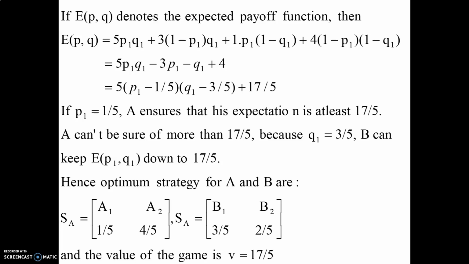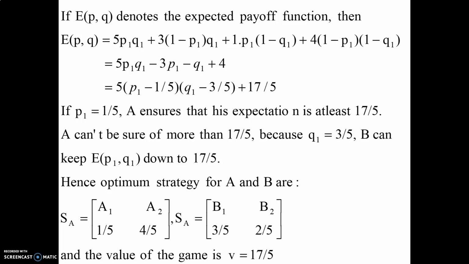If we substitute P1 equal to 1 by 5, it ensures that the expected payoff is at least 17 by 5. That means if P1 is 1 by 5, then the expectation will be at least 17 by 5.